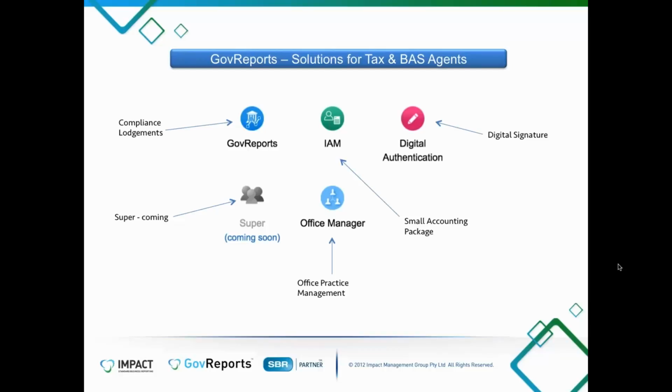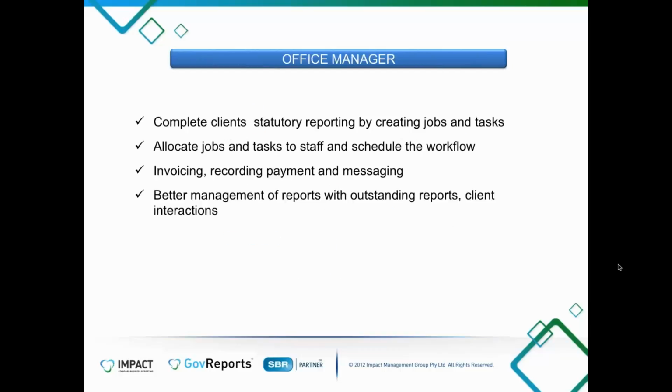I can put the compliance in, lodge it with the ATO, send it through digital authentication and get it signed, and I have all of those records in this one software. Super's coming soon, I haven't seen that one. And then of course Office Manager. Office Practice Manager, Office Manager was formerly called Client Lodgement Manager. Just in case you had used the CLM before, it's now definitely Office Manager.